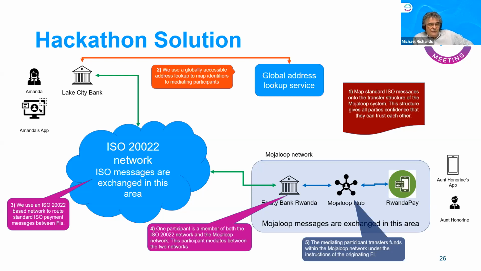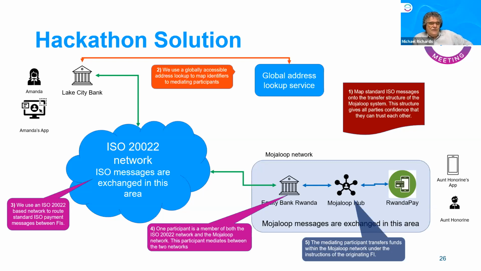The other point, as I said, is that the global address lookup service means that the sending bank, the Lake City Bank, needs to know which ISO 20022 bank to apply to route a payment to the owner of an identifier.